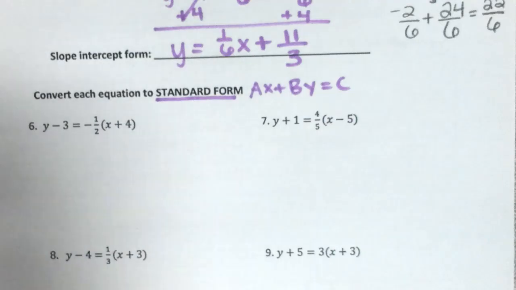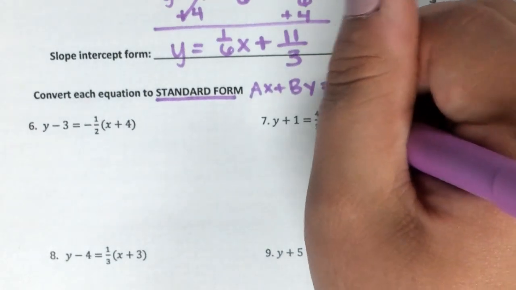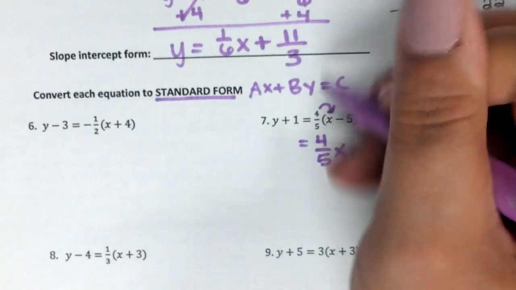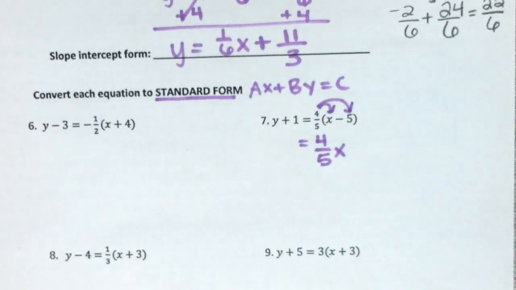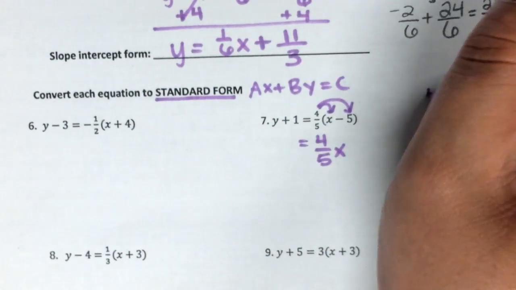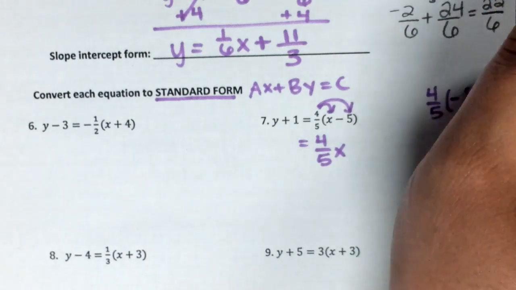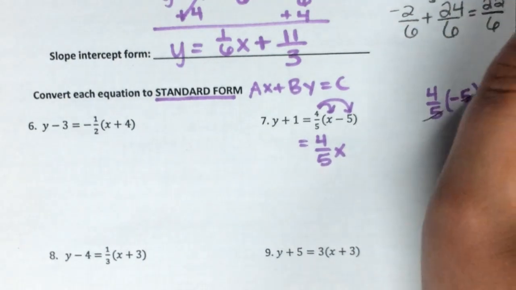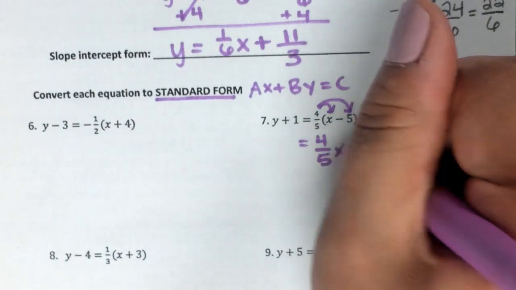What do I do first? Distribute, multiply. What is 4/5 times x? What is 4/5 times negative 5? Negative 4. The 5's cancel, and I am left with negative 4.